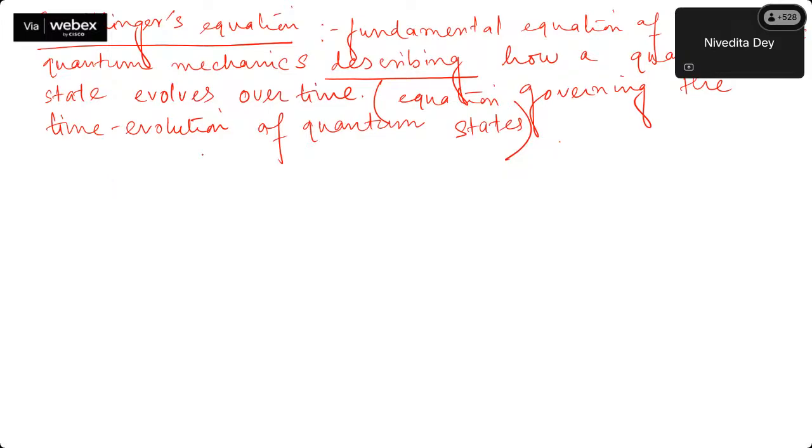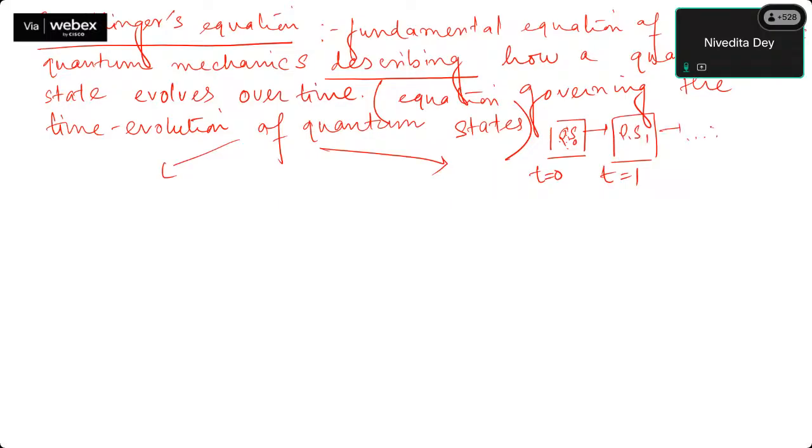What do we mean by time evolution of quantum states? At time t equal to 0, this is quantum state 0. Then at time equals 1 unit, this is quantum state 1, and likewise till quantum state n at t equals n units. This entire time evolution of quantum states, how they evolve with variance in time, is governed by the Schrödinger equation.